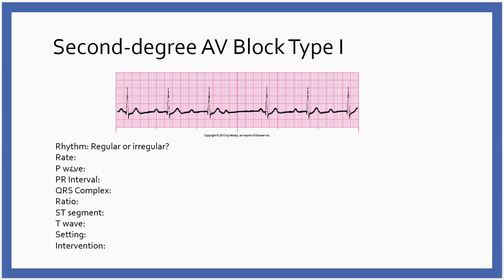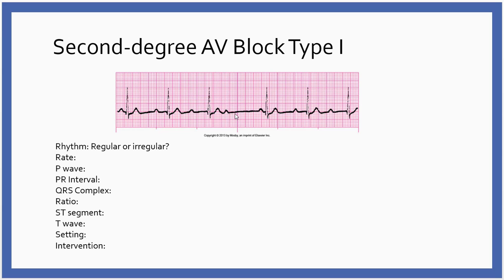Now I'm looking for my P waves. I've got a P wave here, and a P wave here, and a P wave here. Now you may already be seeing something going on with the PR intervals. And then I have a P wave here that is not followed by a QRS. This is my block. I have a blocked P wave.